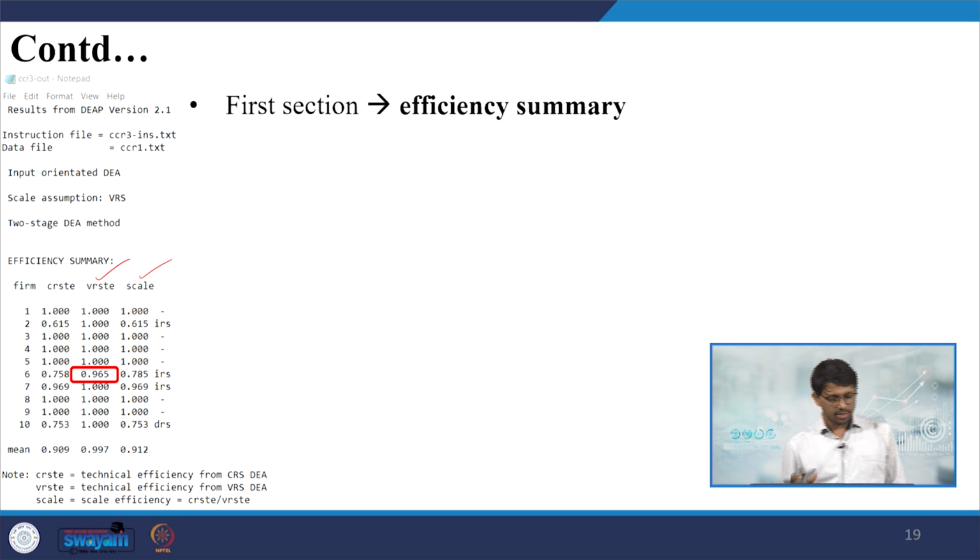The third column also identifies which kind of returns to scale applies: increasing, constant, or decreasing. IRS stands for increasing, dash stands for constant, and DRS stands for decreasing. So dash means constant; the forms considered efficient in this VRS model are considered to be optimizing their level and remaining constant.